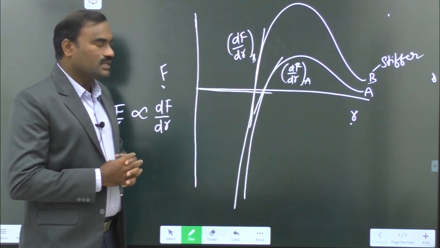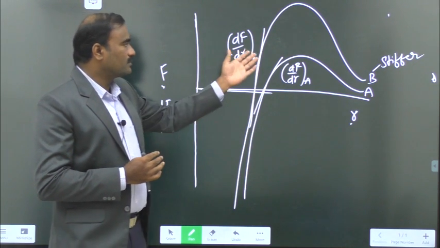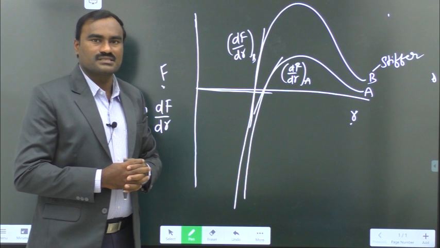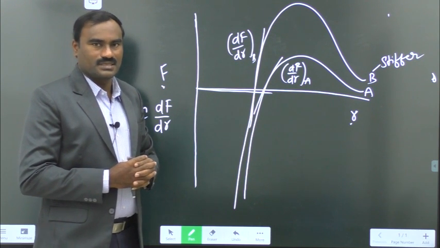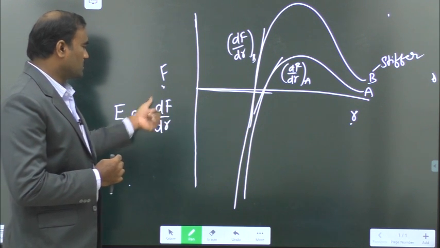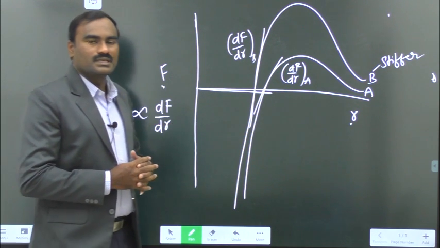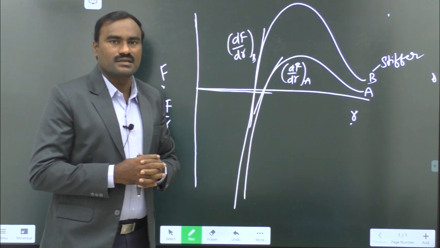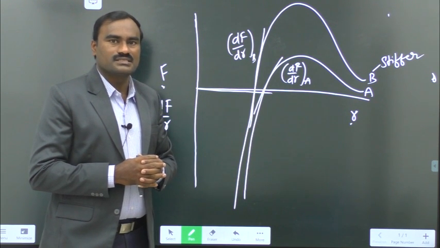I can do that simply by looking at the force versus interatomic distance curve of those materials, because Young's modulus of a material is directly proportional to the slope of that particular force versus interatomic distance curve.